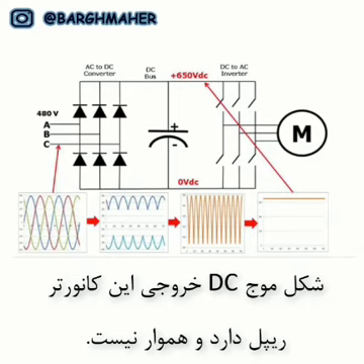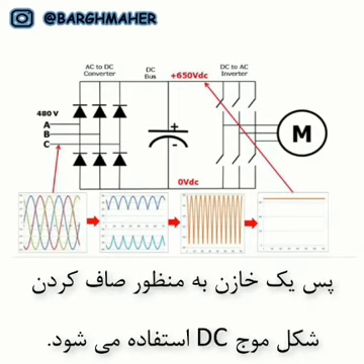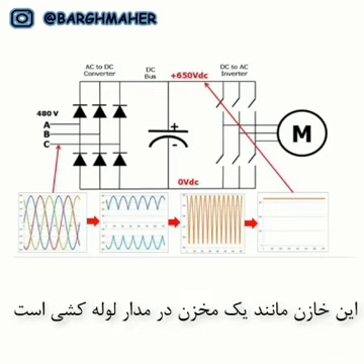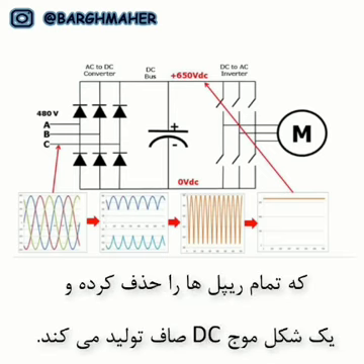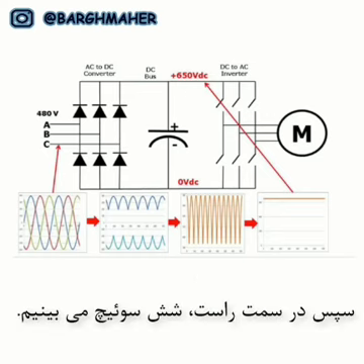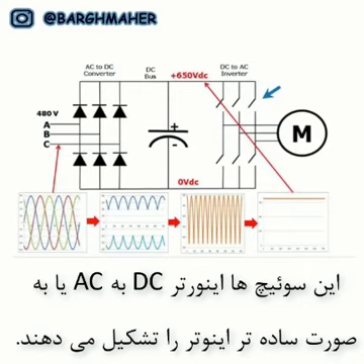Now, the DC that comes out of this is rather choppy and not very smooth, so we put in a capacitor in order to clean that DC up. A capacitor is like a reservoir in a plumbing circuit, and that reservoir smooths everything out and gives us a nice clean DC. Then going to the right, we see 6 switches. These 6 switches compose the DC to AC inverter, or just inverter for short.